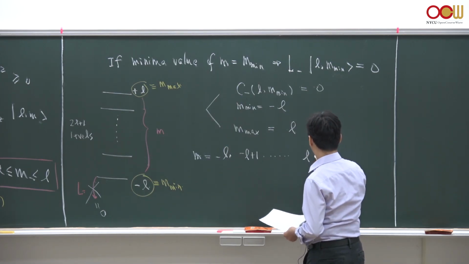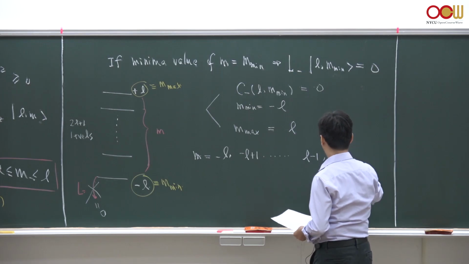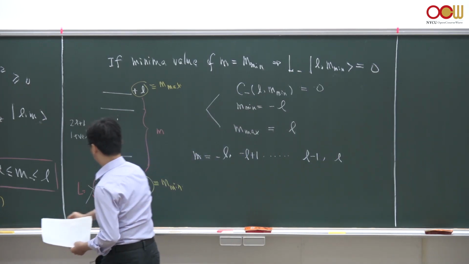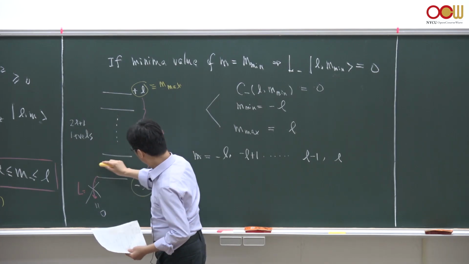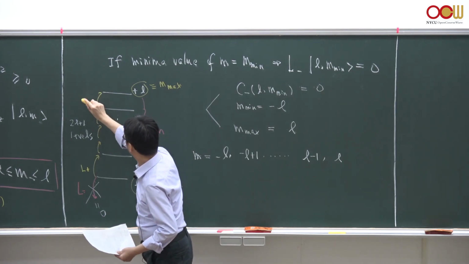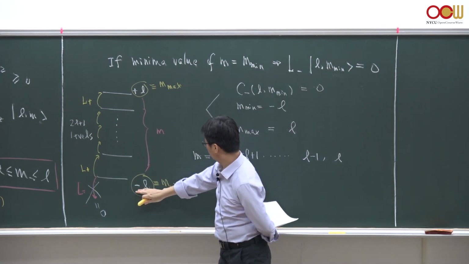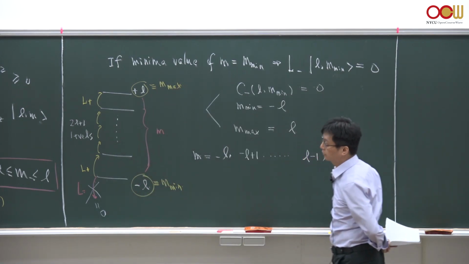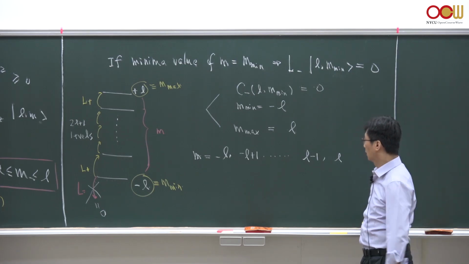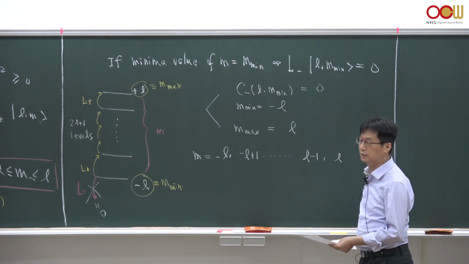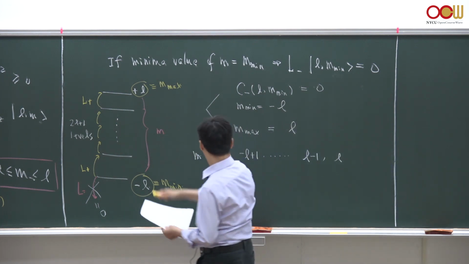And this is L minus 1 and L. Which means that we could go from the bottom to the top by repeatedly applying this L plus from the ground floor, which is minus L, and then go all the way to the top floor, which is plus L. And as a result, there are 2L plus 1 states. M could be any one of them.